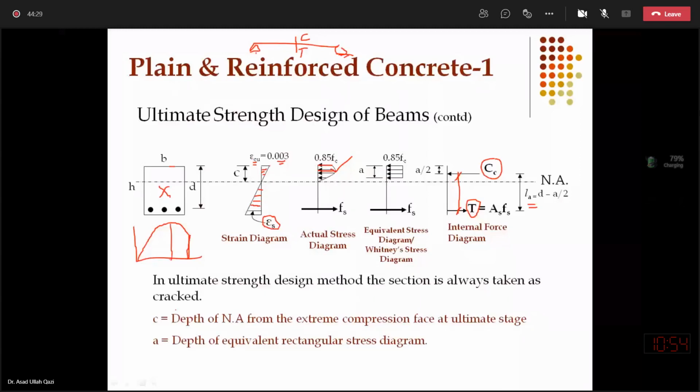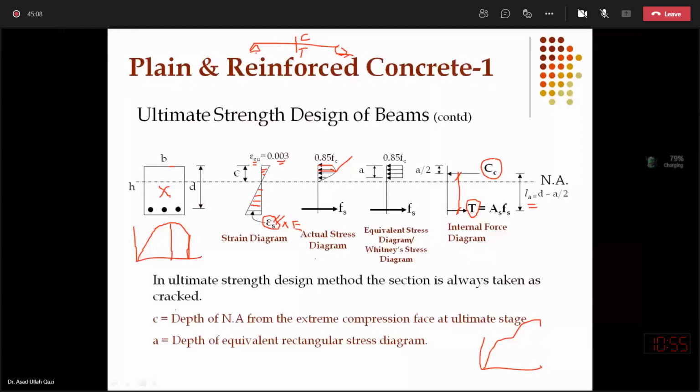And if I want to draw the stress from the known strain in the steel, since steel is concentrated in one layer and steel obeys Hooke's law, if I know the strain in the steel bars, I can multiply it by the modulus of elasticity, 200,000 megapascal, which is the modulus of elasticity of steel.